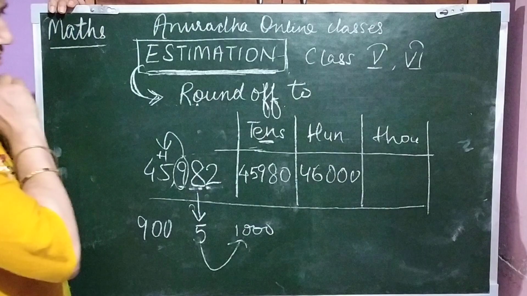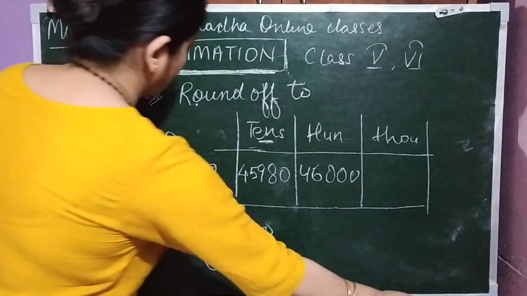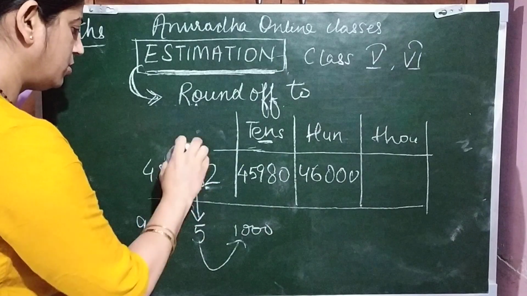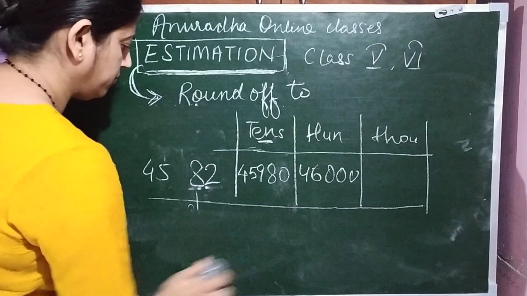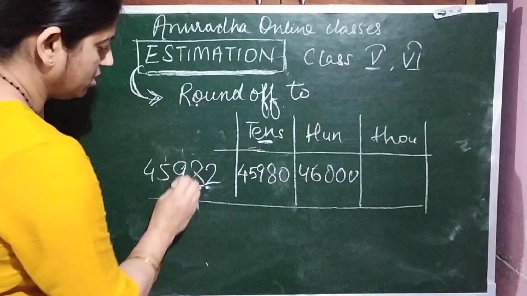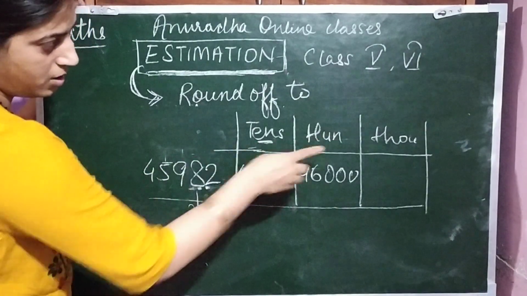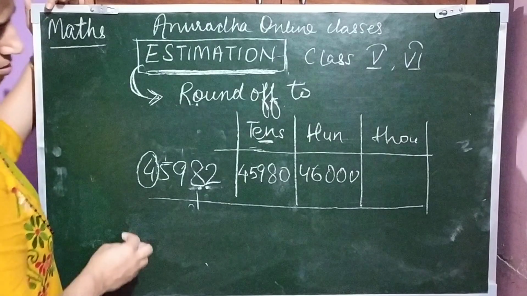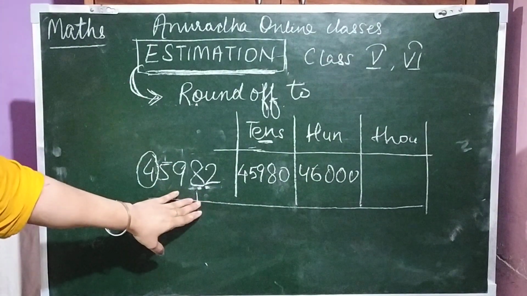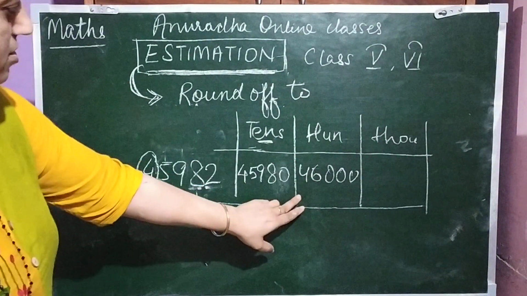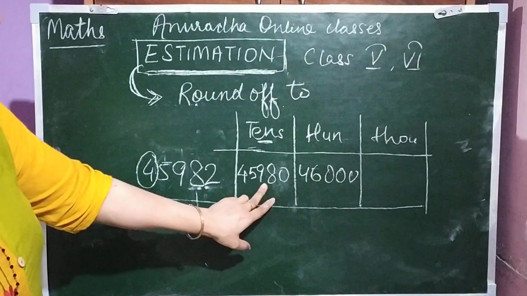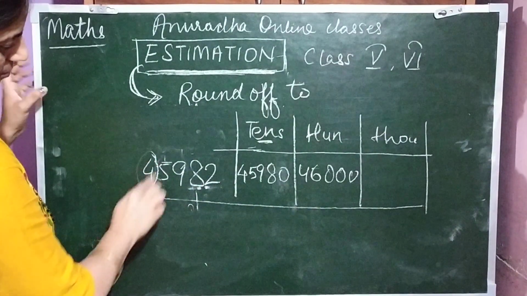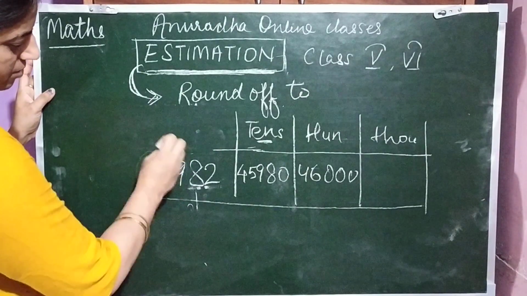This is nearest 1000. Nearest 1000, now see. What do you have to do? Which number do you have to circle? You have to circle the 1000 place. This is the tens place, 100 place, now 1000 place. Yes, 1000 place is this one, no?